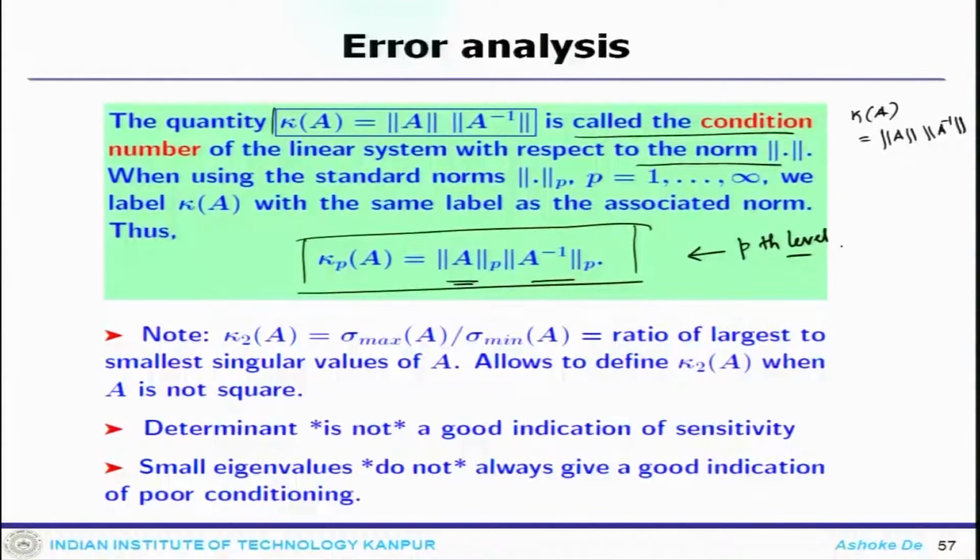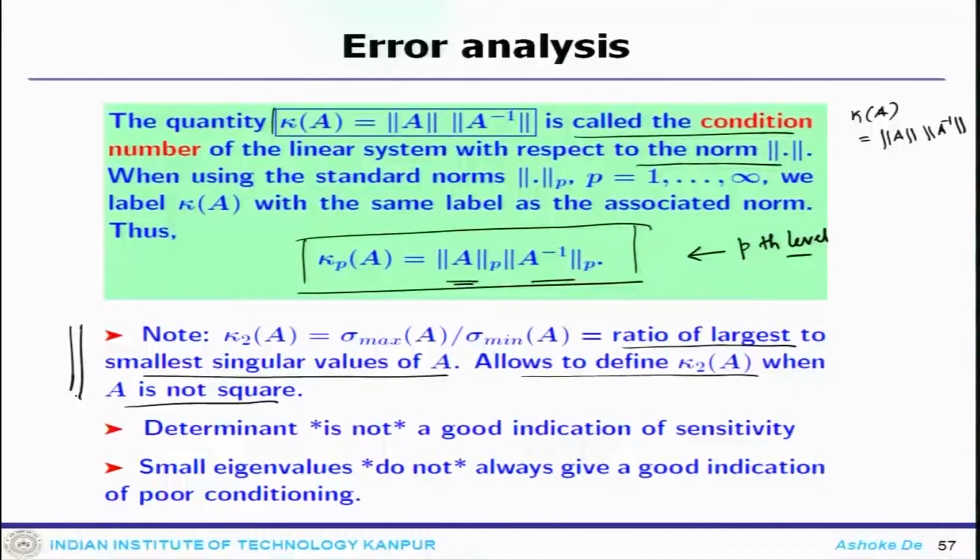Now, one can note here that kappa 2 is the ratio of the largest to the smallest singular values of A. So, it allows you to define it when A is not square. This is a very important note.